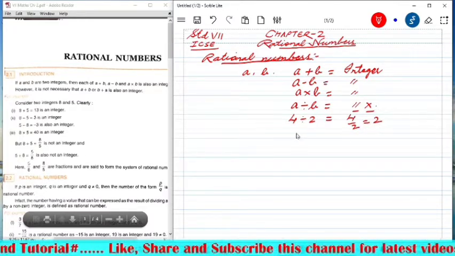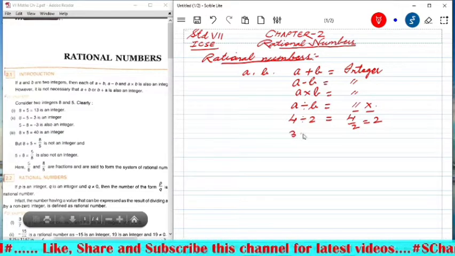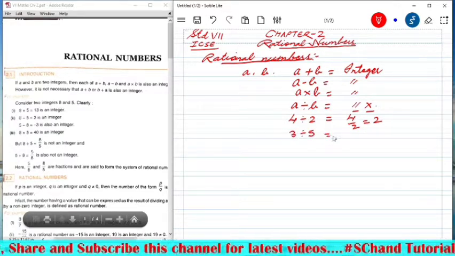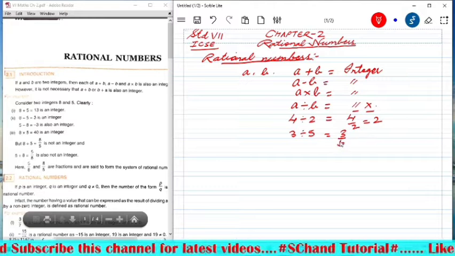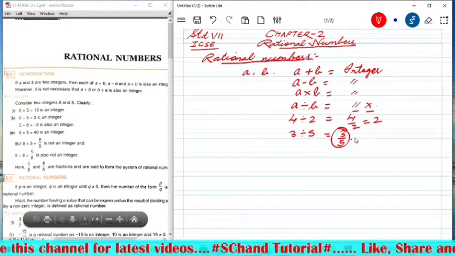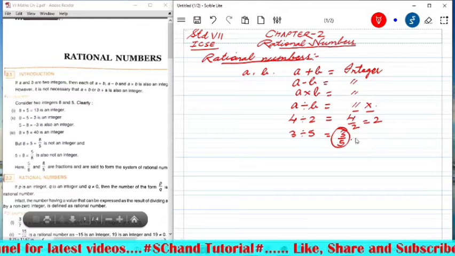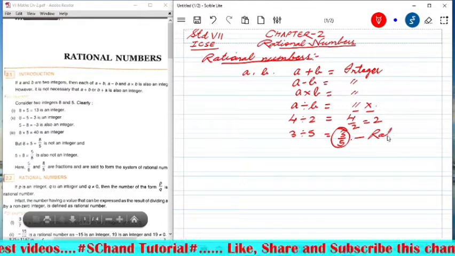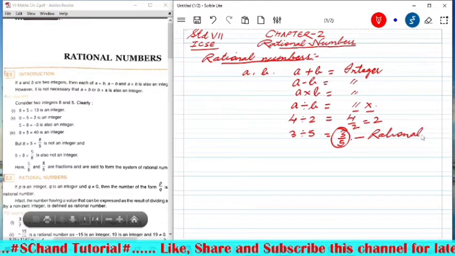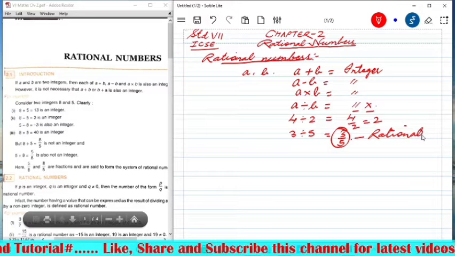But if we divide 3 by 5, it will be 3 over 5, which is not an integer. It is a rational number.